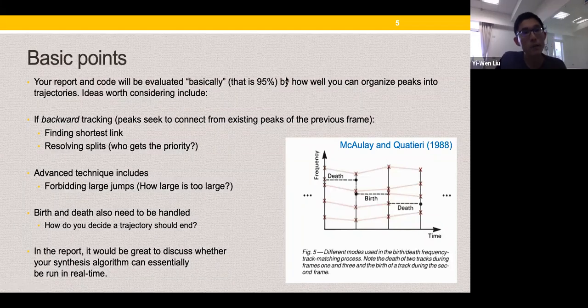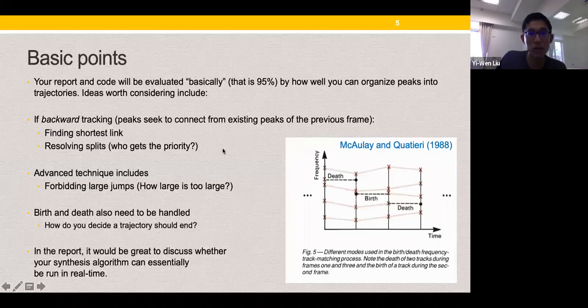And a few other things to consider, including maybe you don't want the peak to jump too far. Let's say one peak is really far away, at high frequency, and somehow still gets the right to connect. Do you want to forbid that? Do you want to prohibit jumps that are too large?